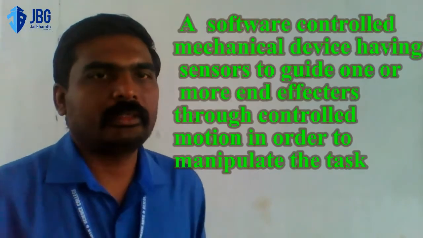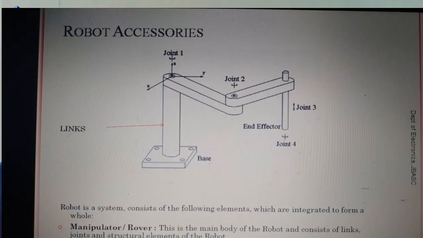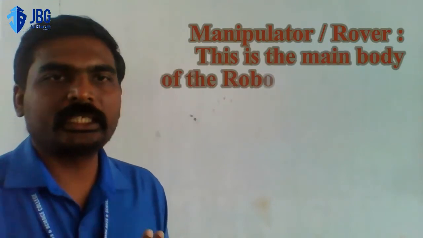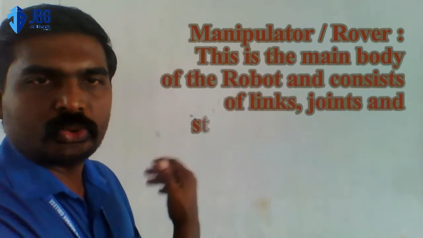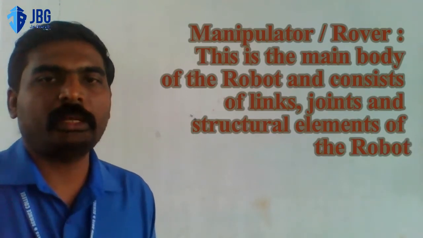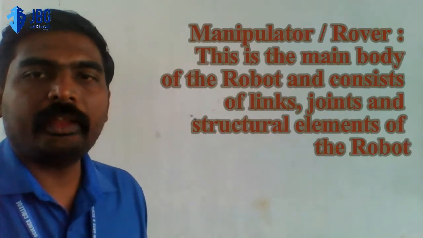Now see the basic diagram of a robot arm. You can see the base, links, joints, and finally an end effector there. And this is the concrete part of a robot. We can basically divide this into 2 sections: a manipulator section and an end effector section.